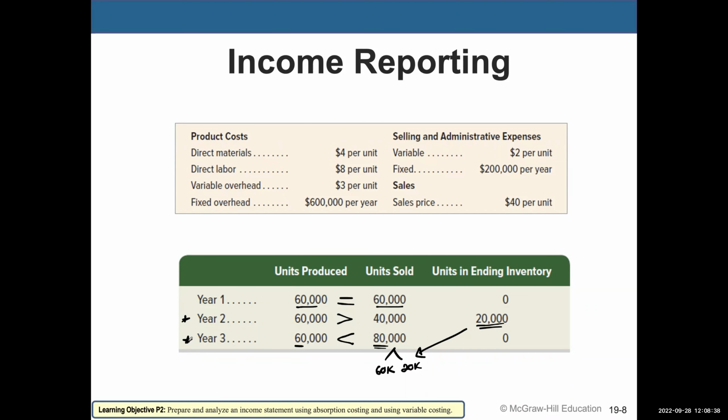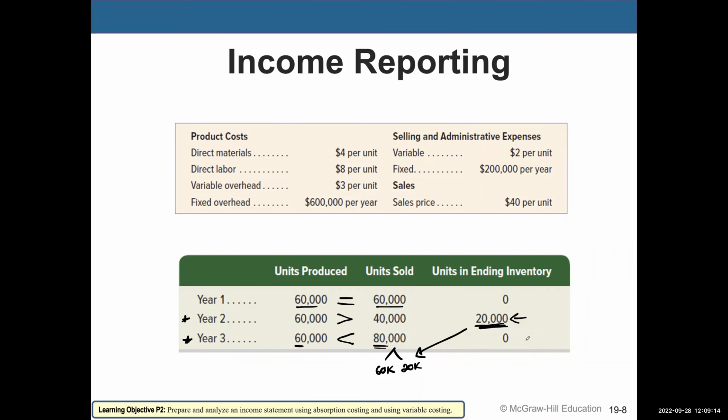Okay. The key is that under absorption costing, we have to remember that our product cost or our inventory values carry all the variable costs as well as the fixed overhead. So under absorption costing, if there is inventory left over, that inventory that is left over absorbs the fixed overhead that is part of these inventory values.